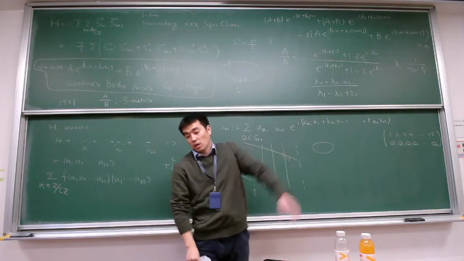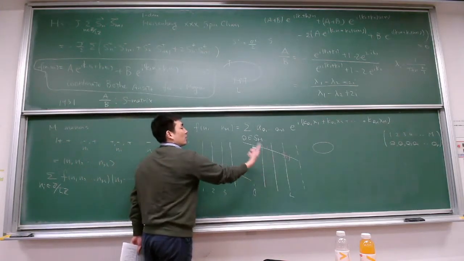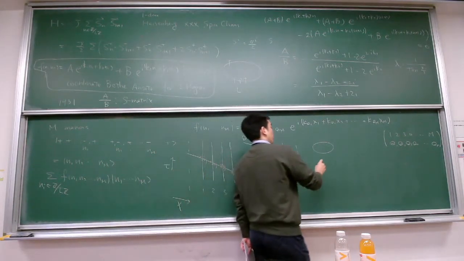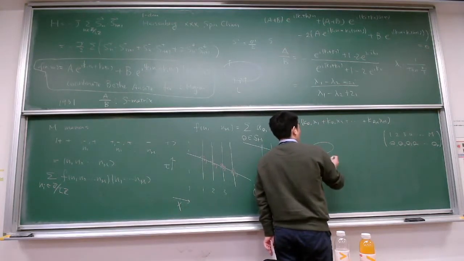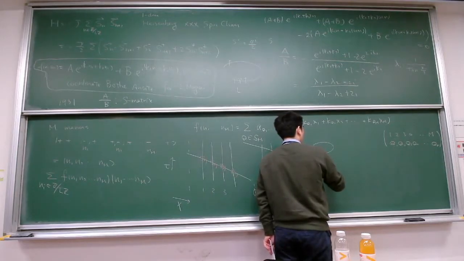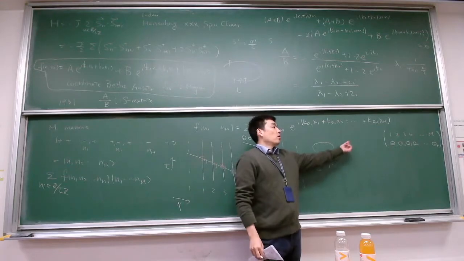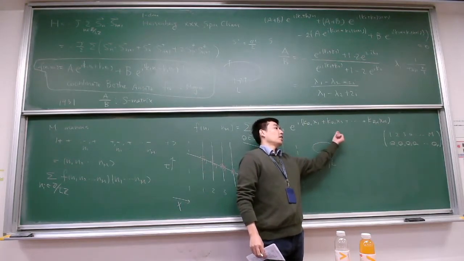And since we bring the j-th particle around, the wave function should get the phase e to the i k_j L if you move the j-th particle a distance L in the x direction.